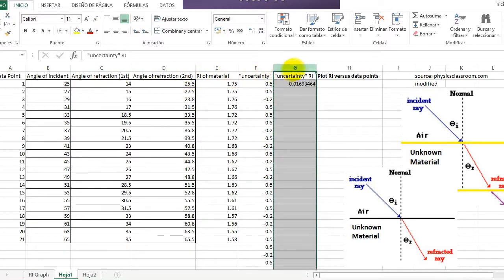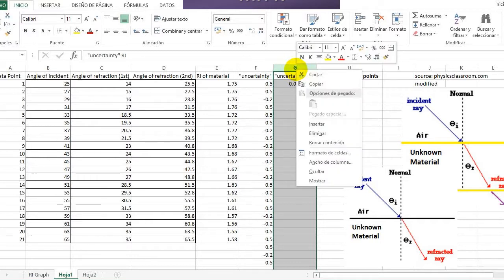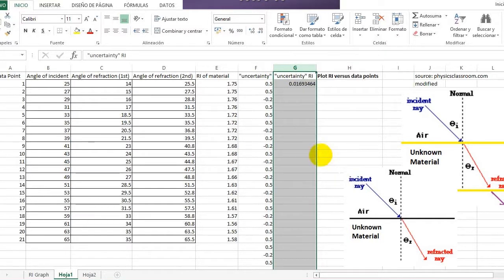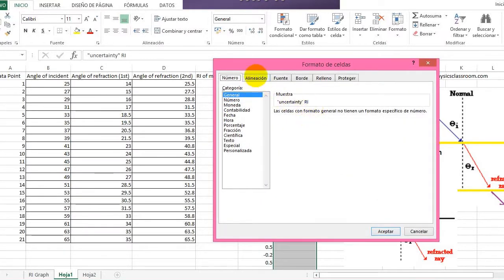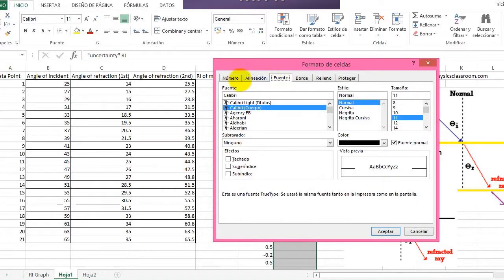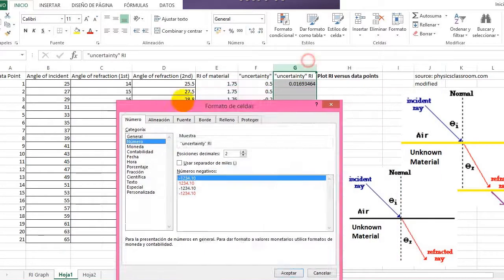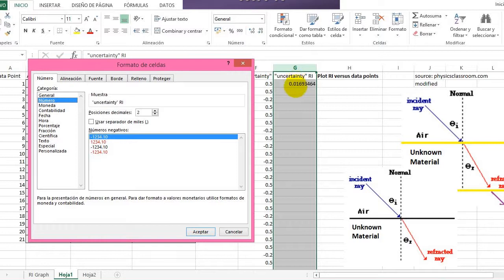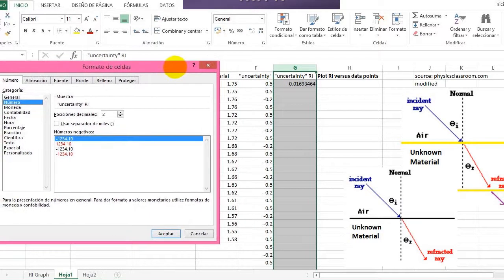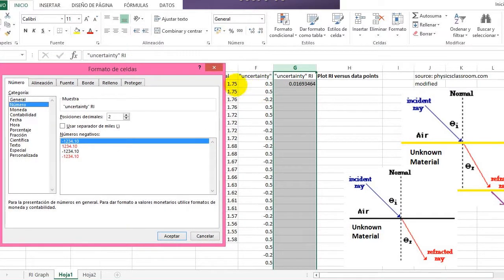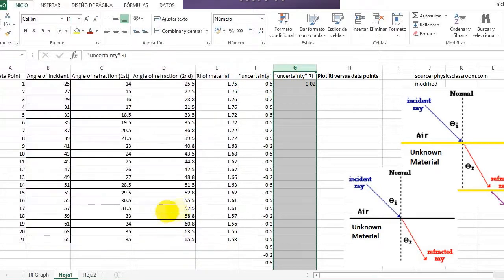What you want to do if you ever have that is you want to right-click on the column, and you can format the cell. I'll format the cell to say, I want numbers, because this is a number, and I want just 2 decimals. Since my refractive index here is 2 decimals, which is something I chose before, I want my uncertainty to be to 2 decimals as well. So I'll just do a 2 decimal uncertainty, and it looks a lot neater that way.